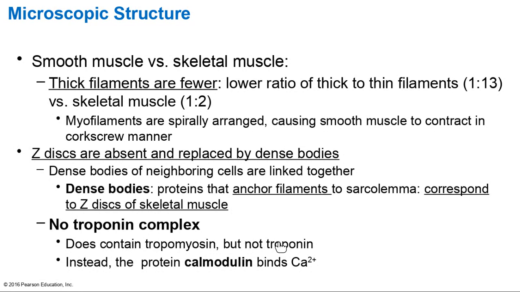We don't have troponin there. Instead, we're going to have this protein called calmodulin. But calmodulin does not have the same role that troponin had. So what's different? No troponin, and we have calmodulin instead, which is sort of like the counterpart to troponin in the sense that calcium is going to bind to calmodulin.